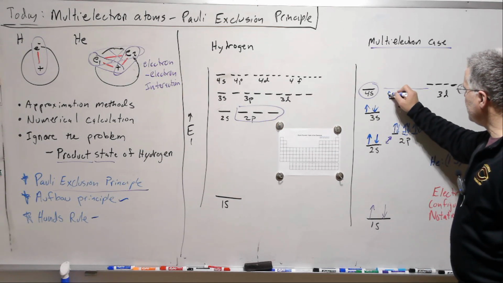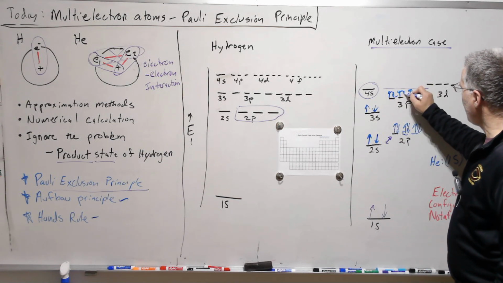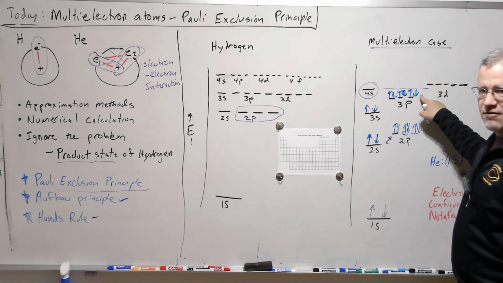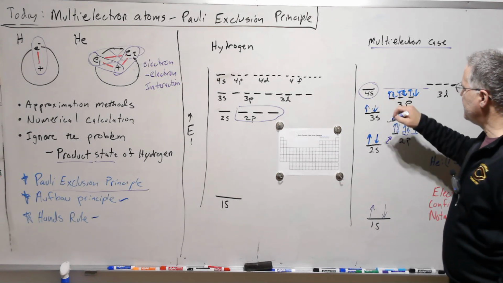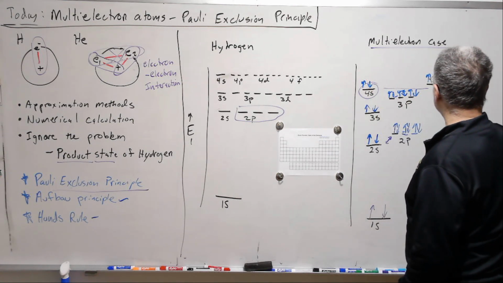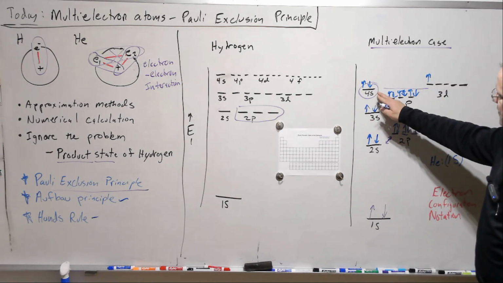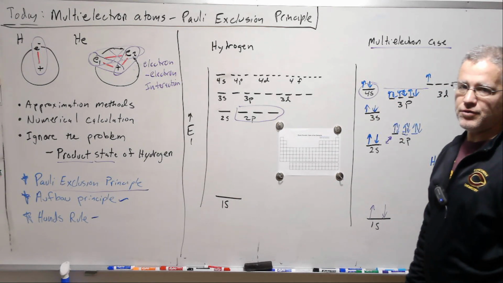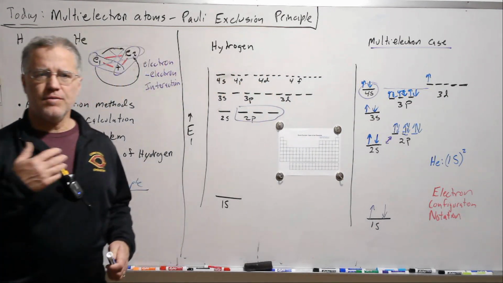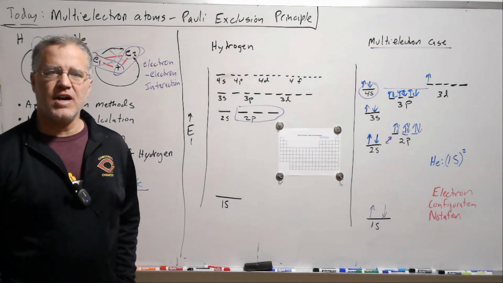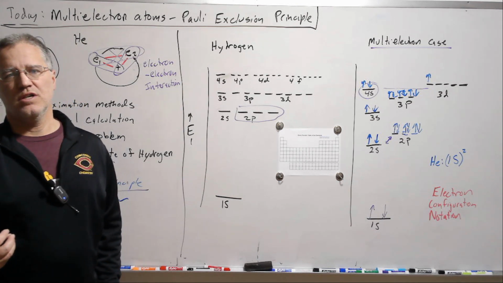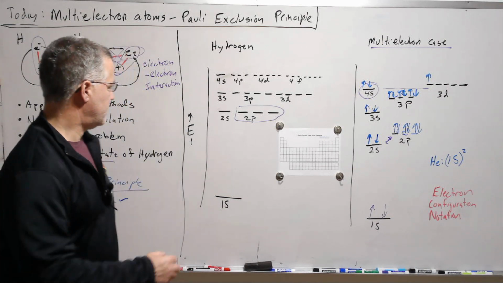Now, let's say we filled up all the way to here. By Aufbau principle, our next position is here. And then finally, we get to the D's. So we actually fill the 4s before we fill the 3D. And if you remember back to when we first talked about hydrogen, and we said that the solutions from the quantum mechanical calculation give us these states.